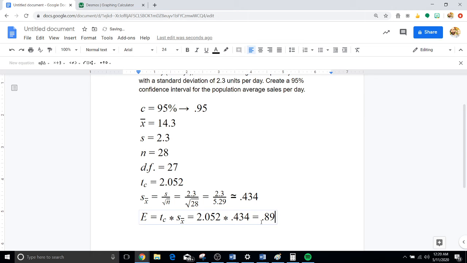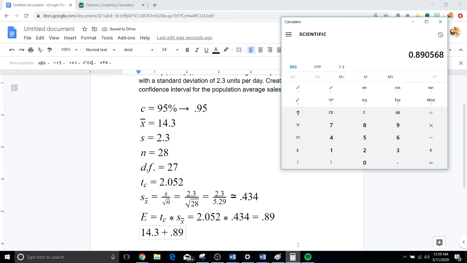Last thing we have to do is both add and subtract this number from our X bar. So let's do 14.3 plus 0.89. We get just about 15.19.